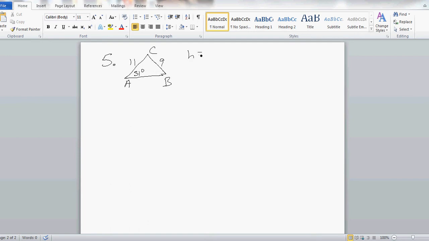We quickly calculate h. h is always b times the sine of A. And so we take 11 times the sine of 31 and get 5.7. First question we ask, is a less than h? Is 9 less than 5.7? No.